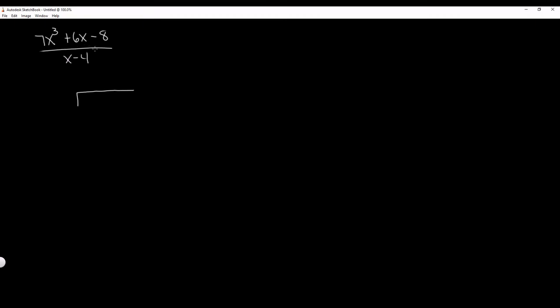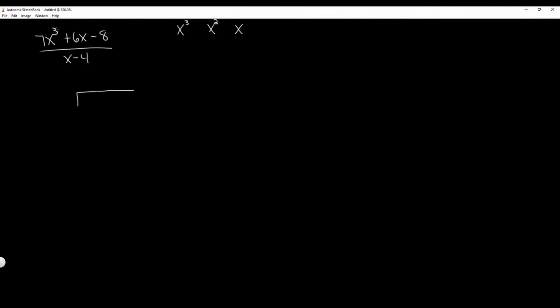You need to write the coefficients of descending powers. So we're going to need a coefficient for an x cubed, for an x squared, and for an x. But it's missing an x squared. So x squared is actually a 0, because 0 times x squared is 0.